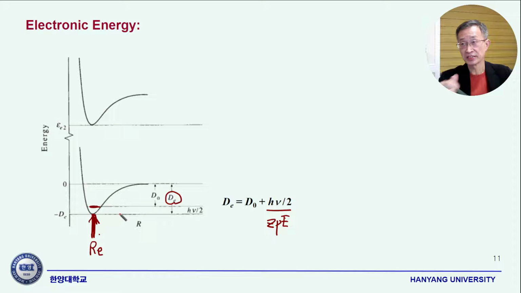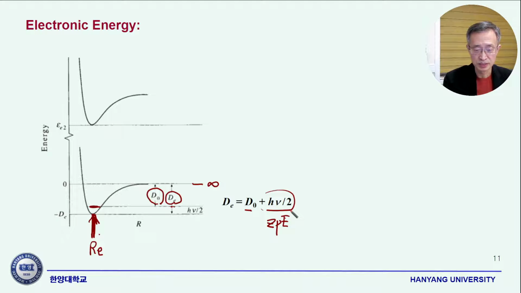If that's a diatomic molecule, then that's the dissociation energy into infinity. So the zero point energy is added to D0 to give D_e. Then D_e is D0 plus the zero point energy, h nu over 2.